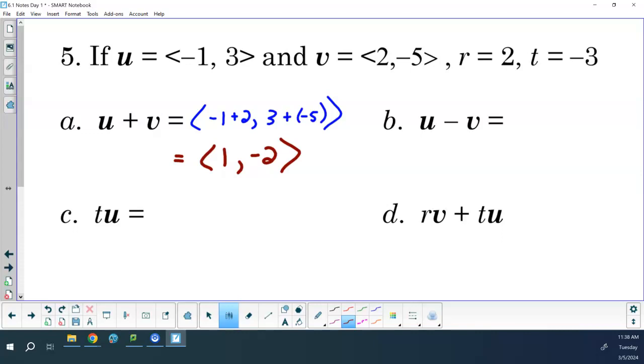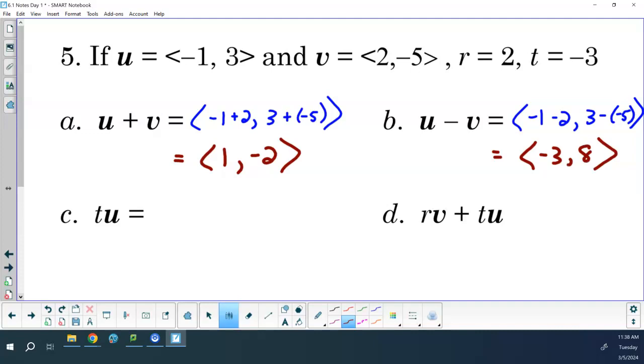Okay. U minus V is going to be -1 minus 2 and 3 minus -5. That's going to be -3, 8.